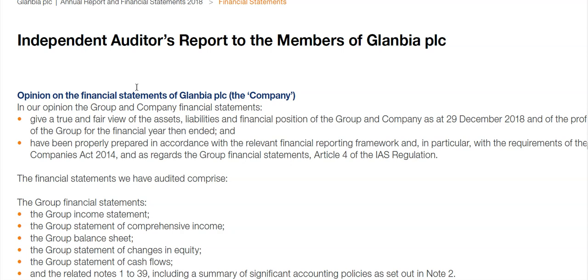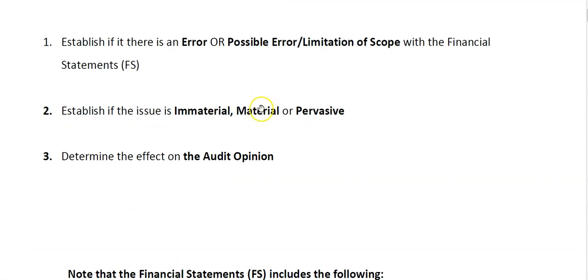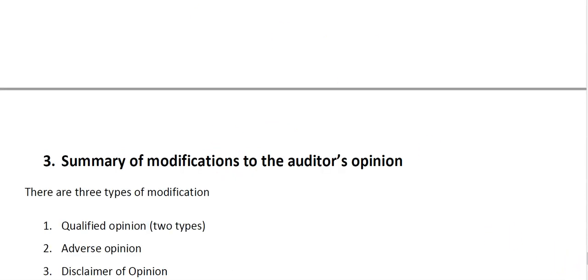Probably not, I'd say they're all corrected, but there could have been immaterial errors, and if there were, the auditor is still able to give unmodified, or there were maybe some immaterial limitations of scope as well, and the immaterial do not result in a modified opinion. The auditor can issue unmodified, saying the financial statements give a true and fair view. However, where they're material or pervasive, then that affects the audit opinion. And how that affects the audit opinion we'll see here if we just go down.